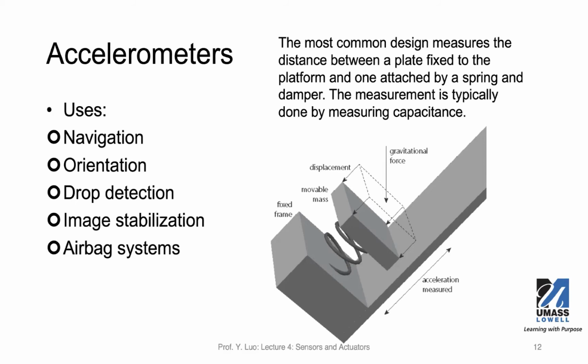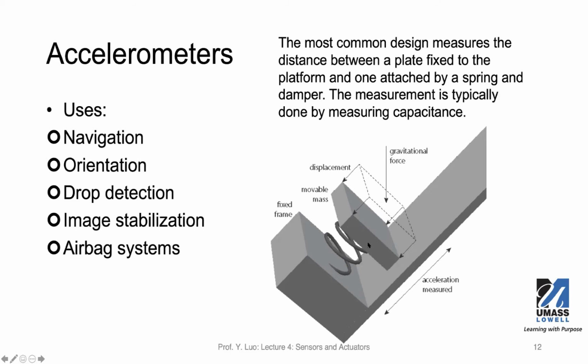So if you imagine that we have a plate like this, and this is the fixed frame, and the moving part is the movable mass, which is connected to a spring and a damper that's not really shown here, but the movement of this mass could be this way or that way.